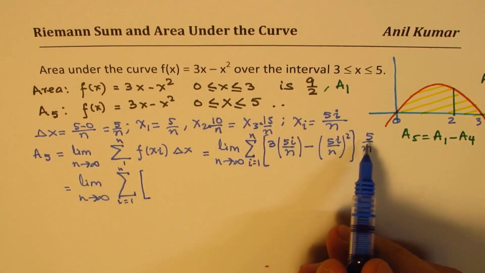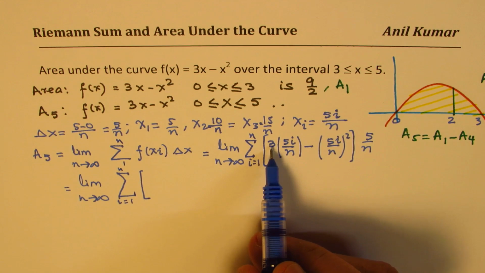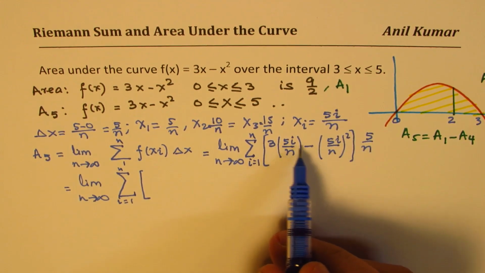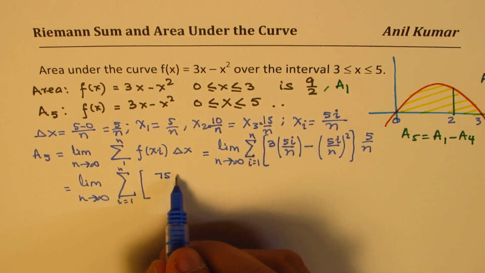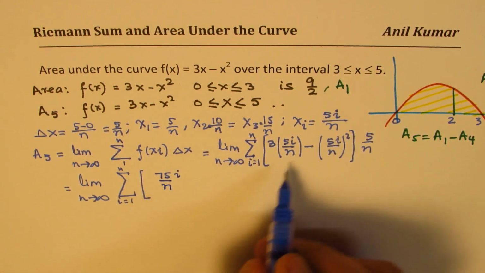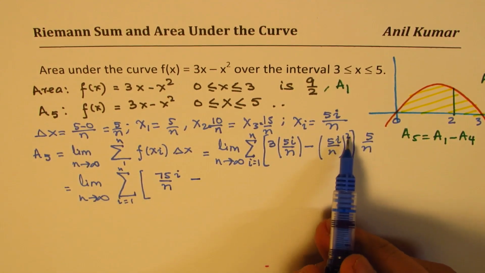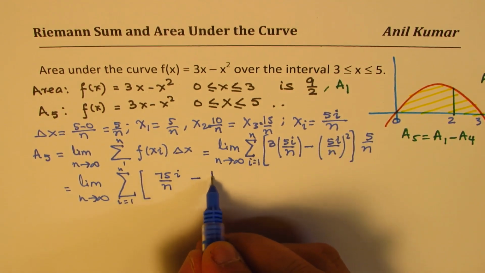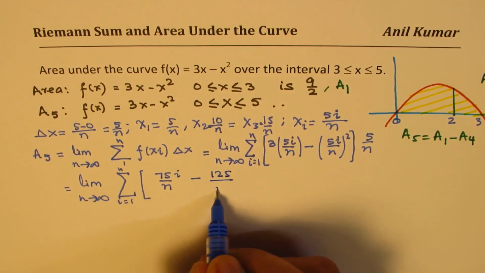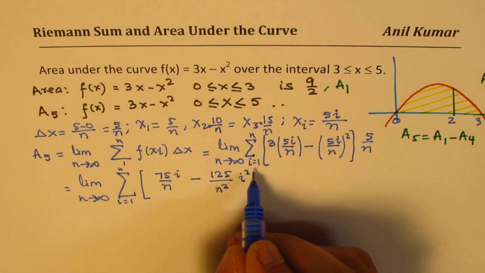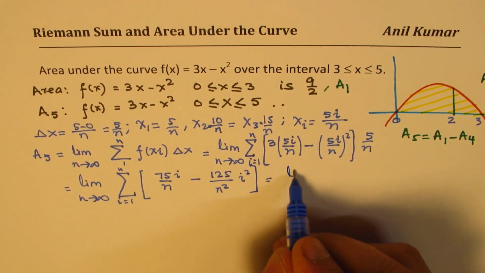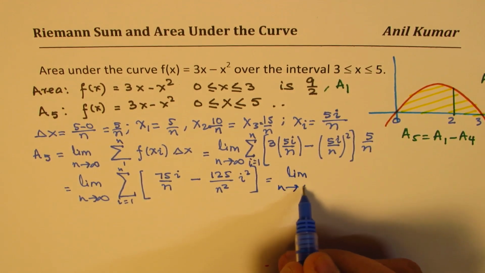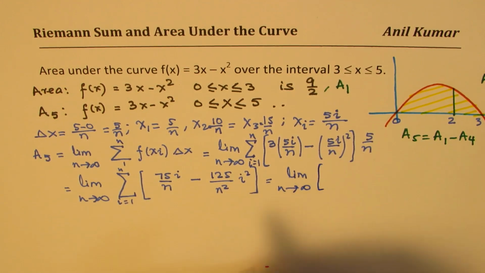So let's bring it in. So what we get here is 5 times 3, 15, right? Times 5, 75. So we get 75i over n minus, this is 5 cubed, 125 over n squared times i squared. Perfect. Now, as you know, this could be written as the limit as n approaches infinity.